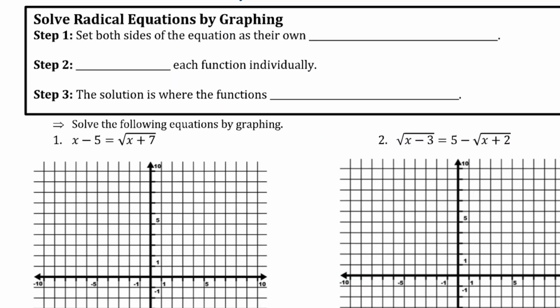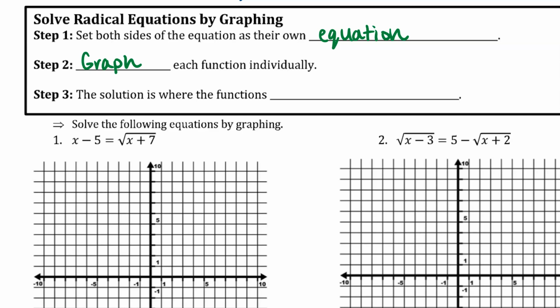So here's how we graph these guys. We are going to set both sides of the equation as their own equation or their own function. And we're going to treat them separately, kind of like what we do when we're graphing systems of equations. Step 2 is to graph each function individually.